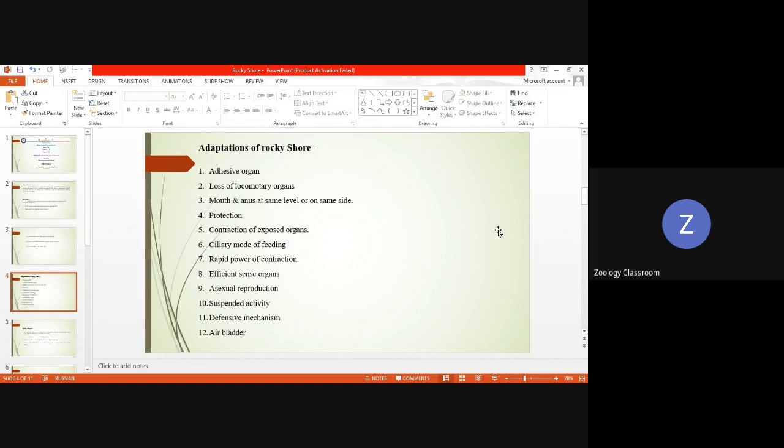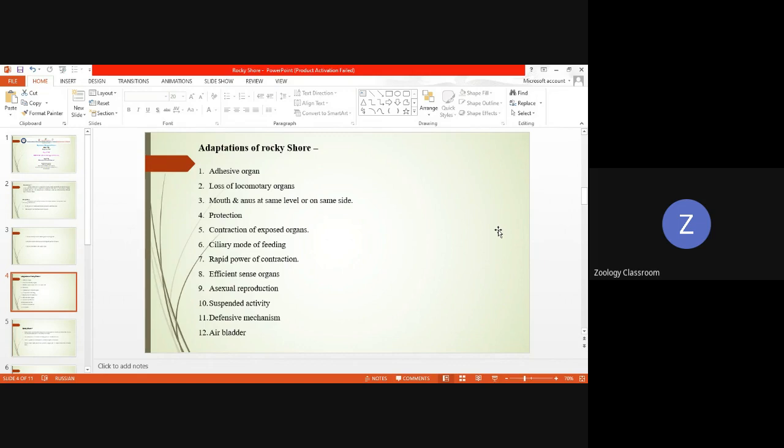The cement gland is present near the base of the stalk of balanus, which is useful for attachment to the rocks. While certain tunicates, म्हणजे इथं एक्झाम्पल द्यायचं झालं तर हर्डमॅनिया.